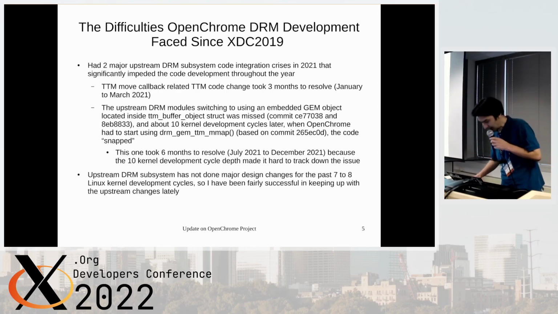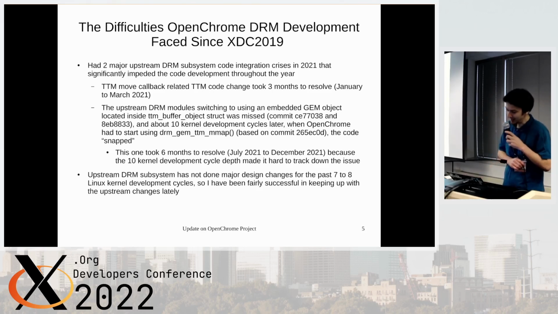And then the difficulties. This is the thing that kind of struck me in 2021. Again, I don't want to get into trouble, so I'm not going to criticize any particular person, but sometimes they make changes to the code, but mine is not in the DRM subsystem tree, so I don't get any help. So I have to go figure it out if they change something in the code.